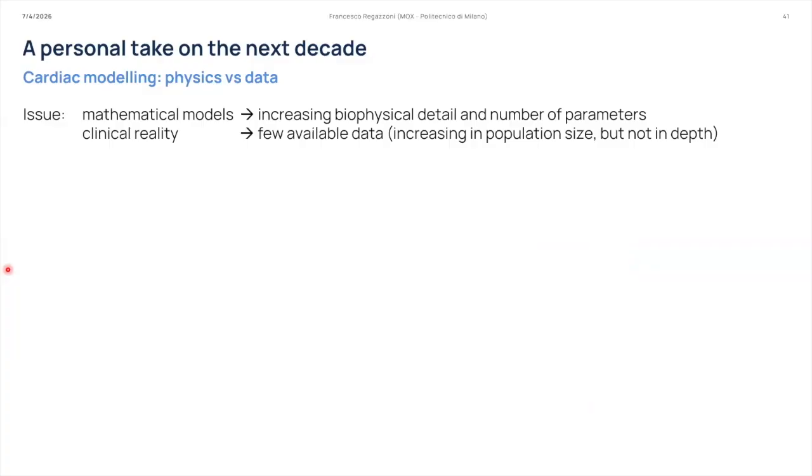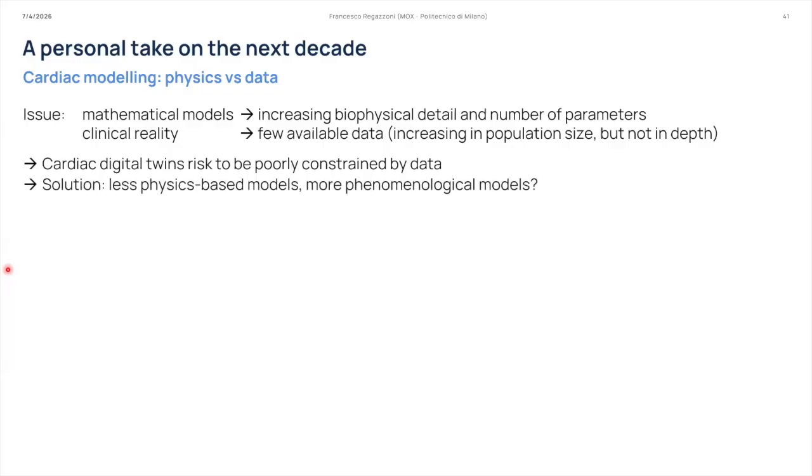Mathematical models are increasingly biophysically detailed and have an increasing number of parameters, growing at a higher rate than the data that are available from the clinics, where in many situations we still have only a few available data. And the risk is that cardiac digital twins are poorly constrained by the data.